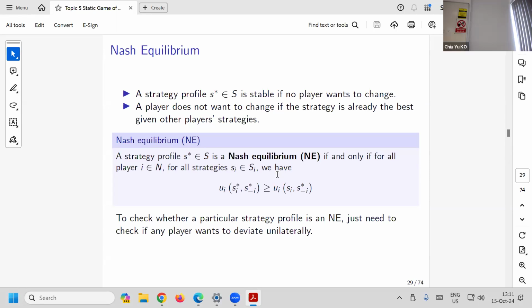Formally speaking, we will say a strategy profile, which means the list of strategies here, is an equilibrium if what people have under the equilibrium must be greater than or equal to what they can have when they break away from this, keeping the other people the same.